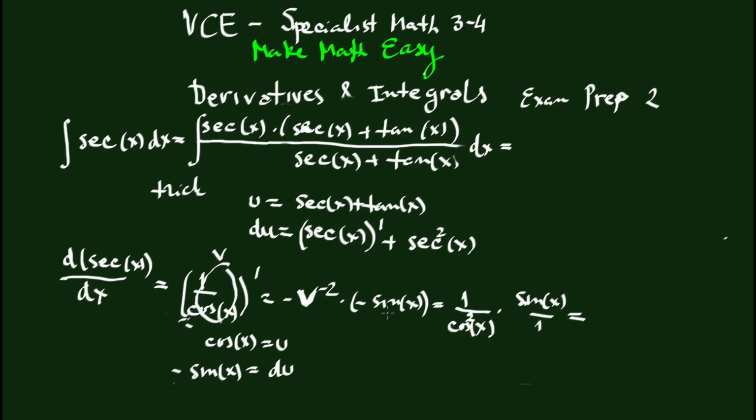You have one cosine times sine, and sine with the cosine gives a tangent, and you have one cosine left, and 1 over cosine is secant, so you get tangent of x times secant of x, and that's the final.